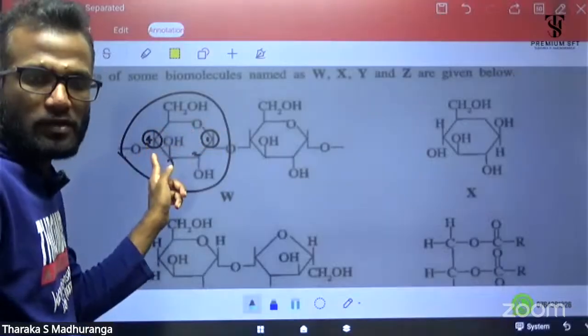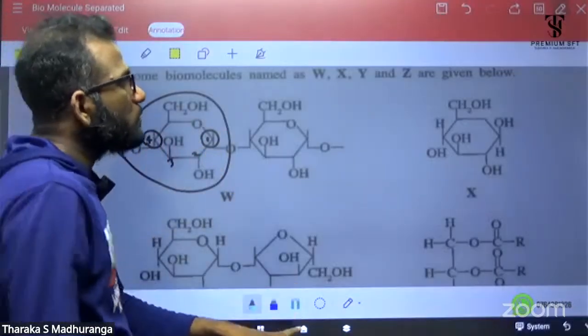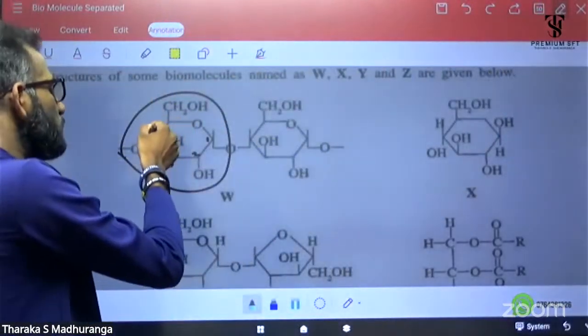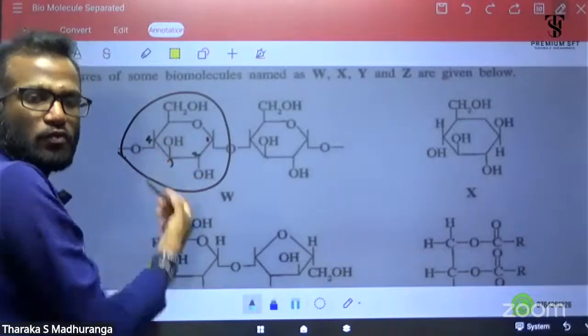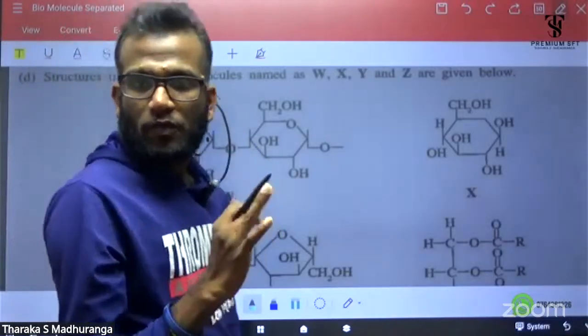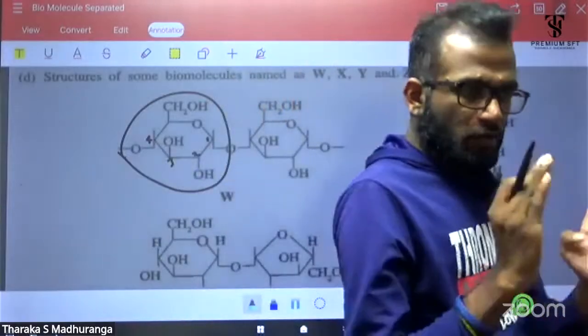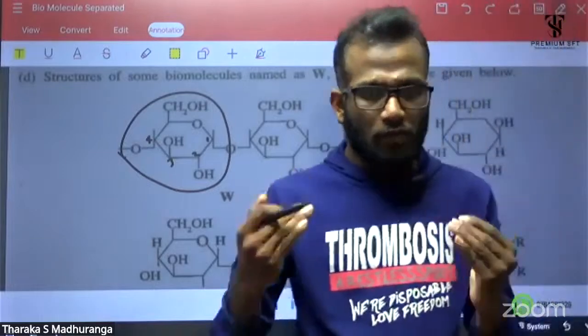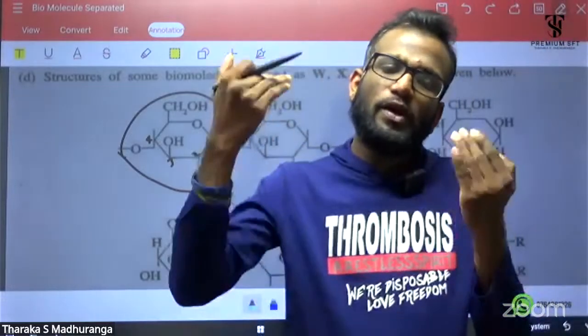Very important. Okay, now the fourth carbon. If the OH is downward in the fourth carbon, it is always glucose. Remember, fourth carbon OH downward means it is glucose.